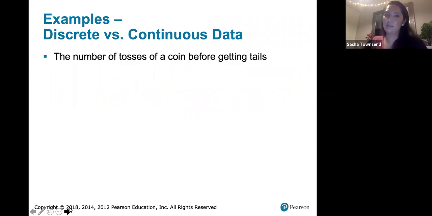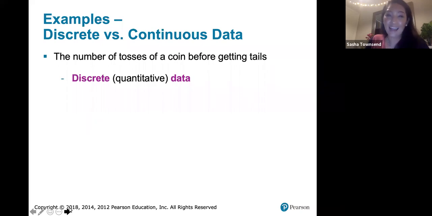So here's our first example. The number of tosses of a coin before it gets tails. Is that discrete data or continuous data? Well, if I was just tossing a coin and then tossing a coin and then tossing a coin and waiting to get tails, I believe that would be discrete data. I hope you said discrete data. If I counted the number of tosses, I'm never going to get 2.5 tosses.